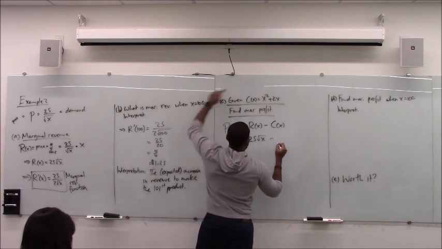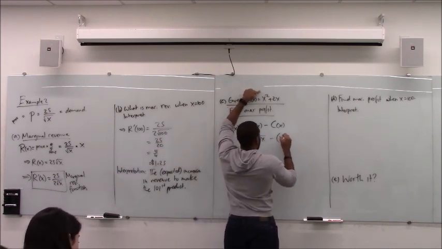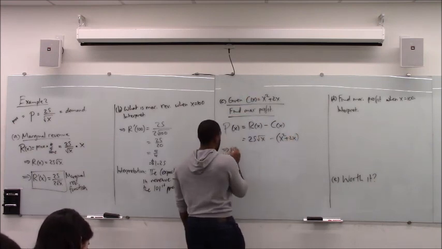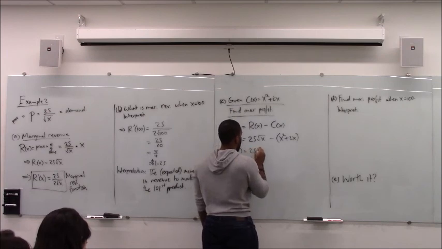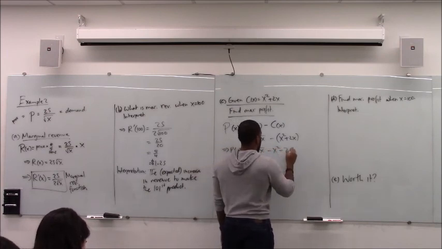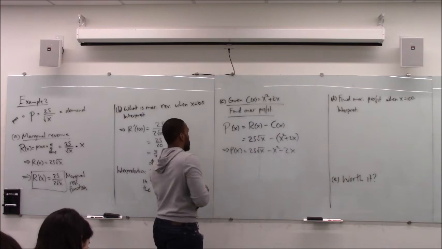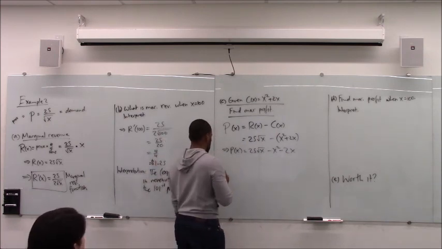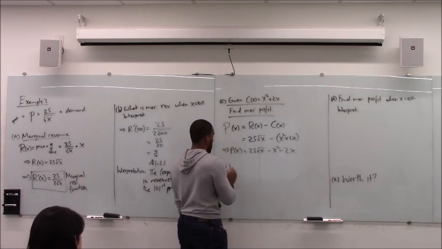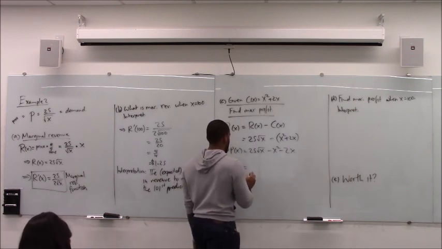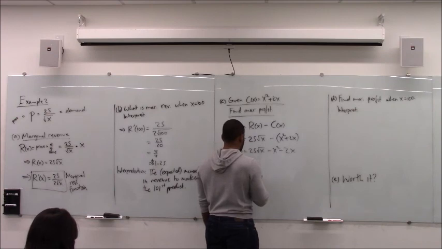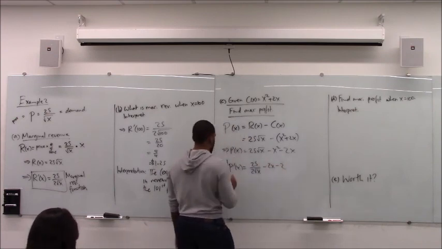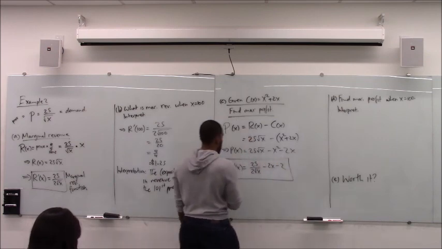And the cost is this, so I'm going to subtract that. So that is my profit function. How would I find the marginal profit? Derivative. That is the marginal profit.